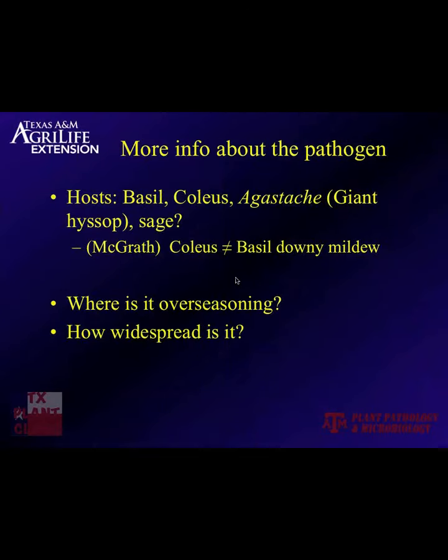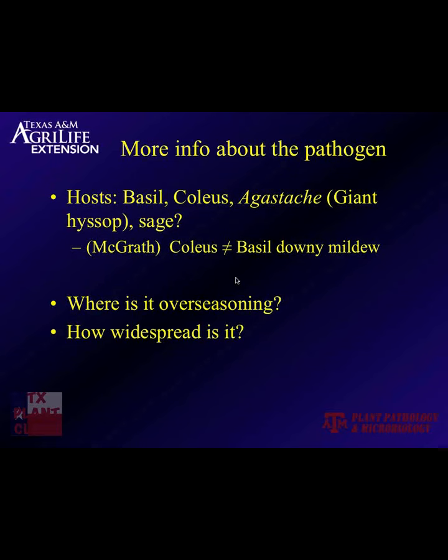Now I want to go a little bit about what's in the literature and what's been talked about the pathogen. The hosts that have been listed are Basil, Coleus, Agastache, I think that's how you pronounce it, or the giant hyssop, and in some places mentioned sage. And Meg McGrath at Cornell had mentioned on her website that there are some studies that now showed that genetically the water mold that causes Basil Downy mildew is not the same as the one that you find on Coleus.